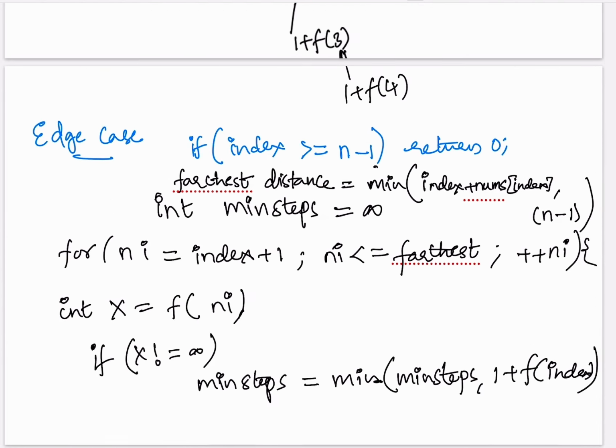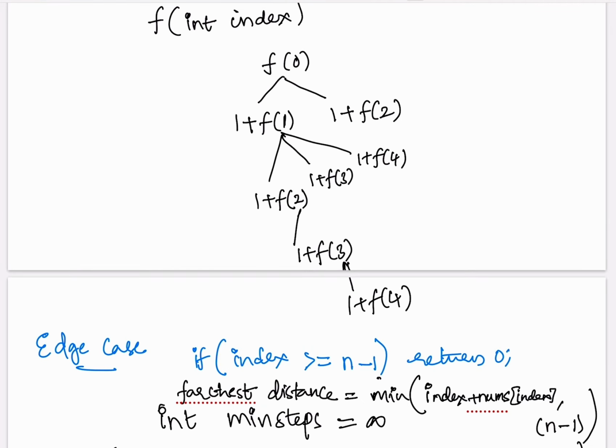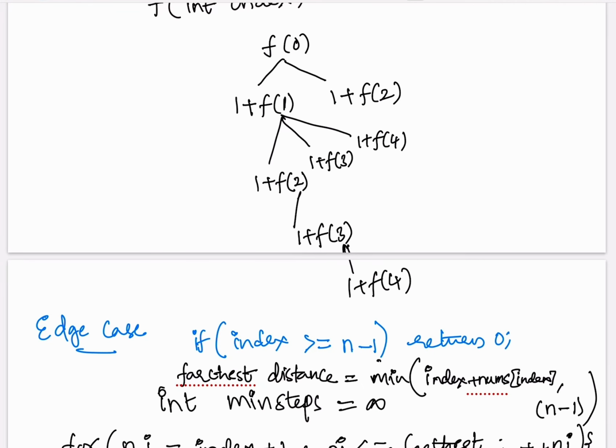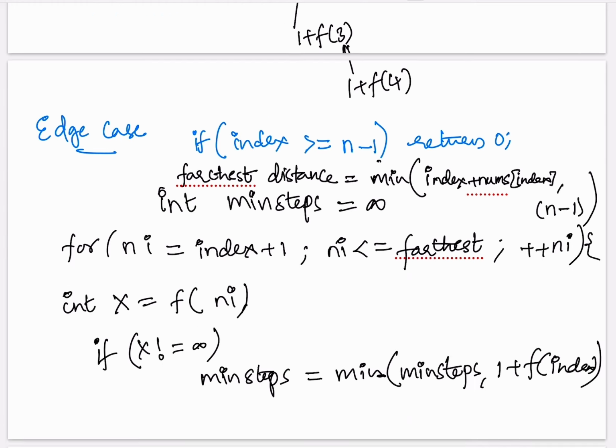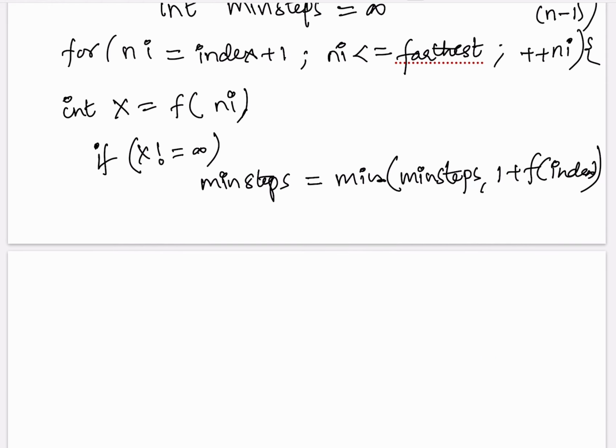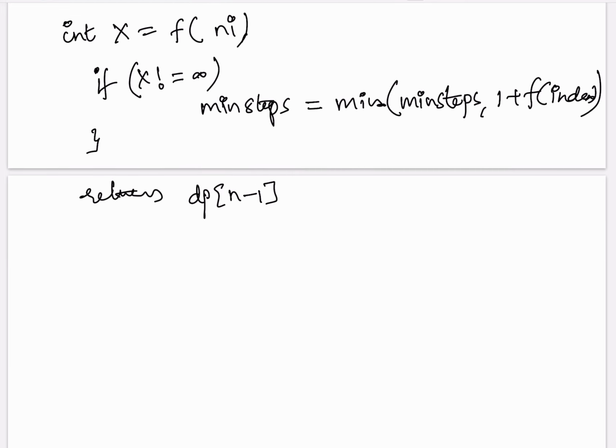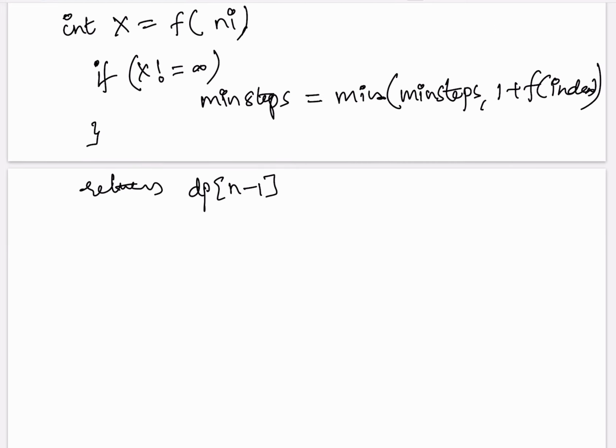This thing starts when our index runs from 0, and we return after passing everything. We return dp of n minus 1, which is our answer.